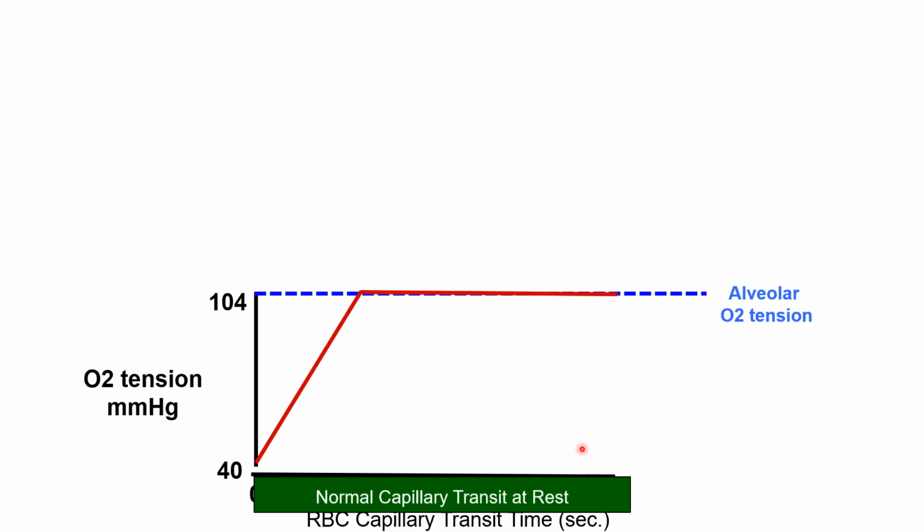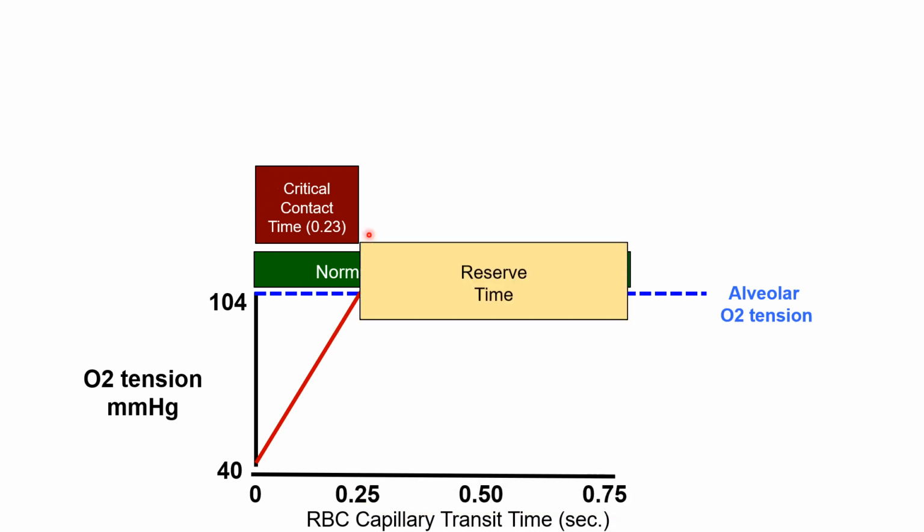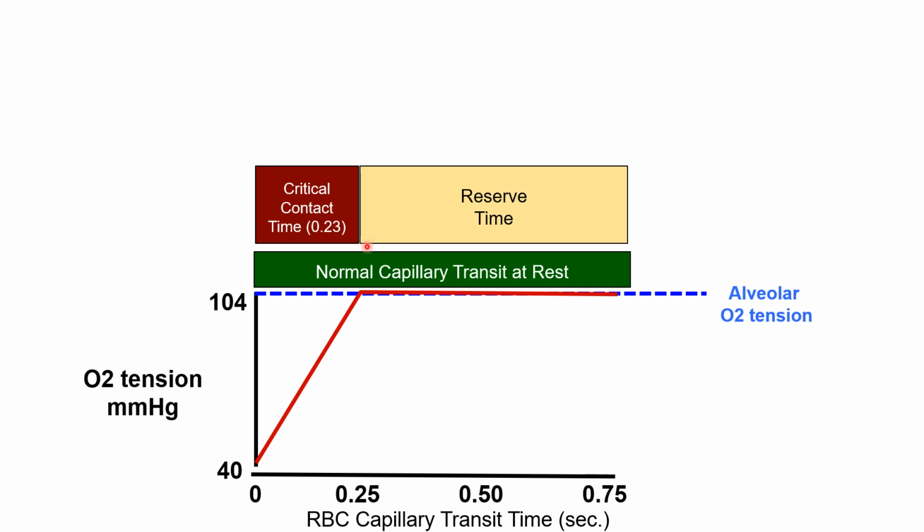Okay, so this is the normal capillary transit time at rest. It's around 0.75 seconds. And notice that the critical contact time is 0.23 seconds. For the RBC to be fully oxygenated, it needs to stay only around 0.23 seconds out of the 0.75, and for the rest of the time, we have a large reserve. Okay?